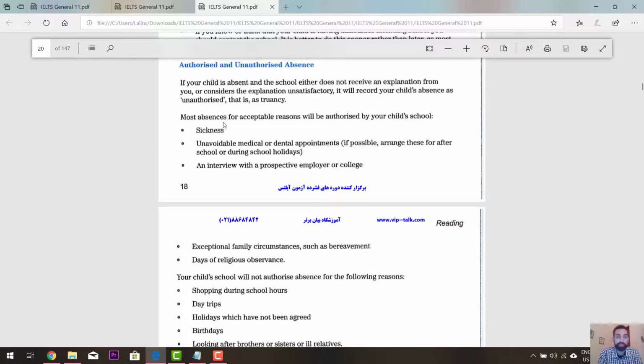Most absences for acceptable reasons will be authorized by your child's school: sickness, unavoidable medical or dental appointments, if possible, arrange these for after school or during school holidays, an interview with a prospective employer or college, exceptional family circumstances such as bereavement, days of religious observance.